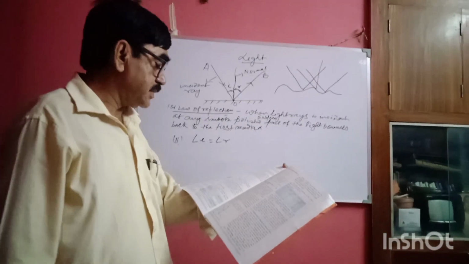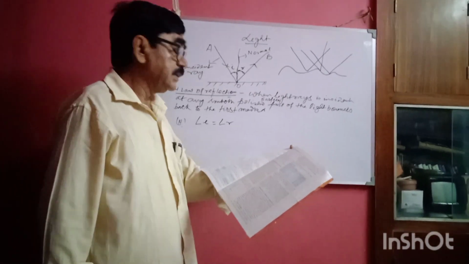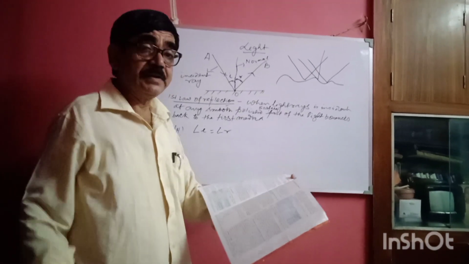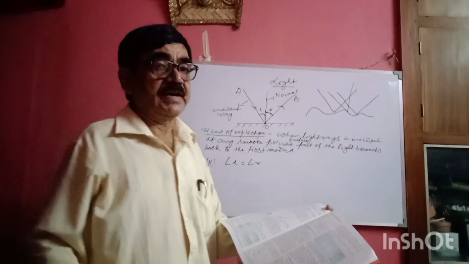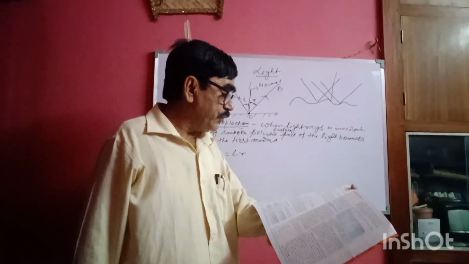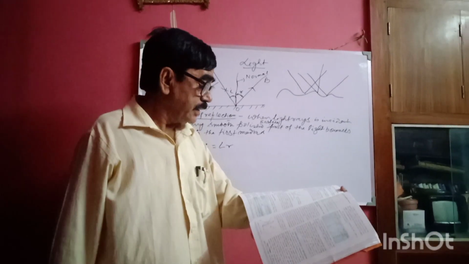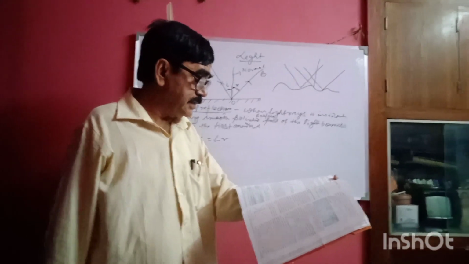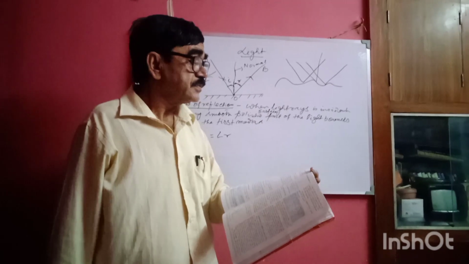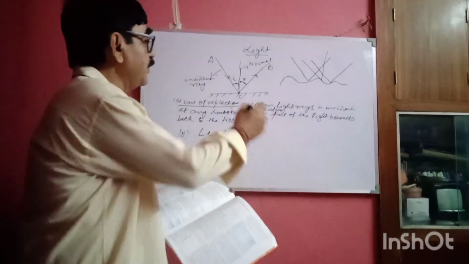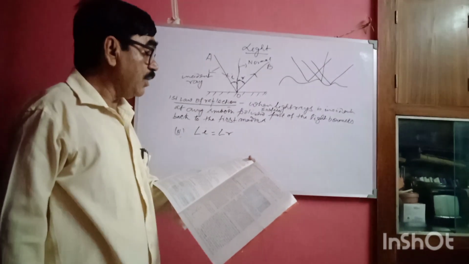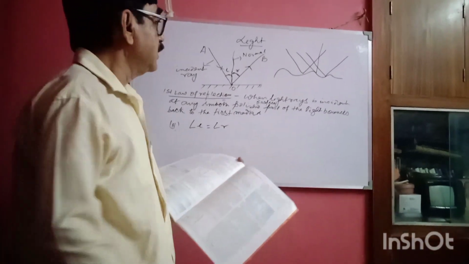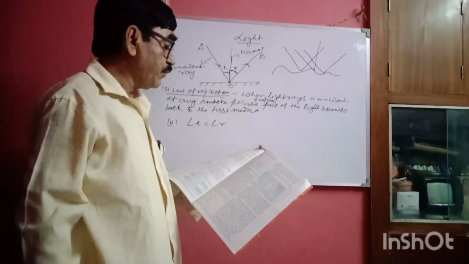Now I have discussed the terms related to reflection, that is incident ray, point of incidence, reflected ray, normal, angle of incidence, angle of reflection, plane of incidence. If it is a plane mirror, so it is the plane of incidence and the plane of reflection.